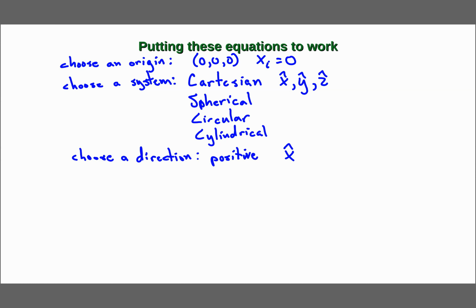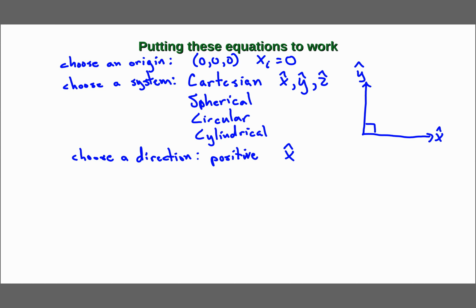And then because in our coordinates we're always choosing axes that are perpendicular to each other or orthogonal to each other, that will define what direction will become our y if we're in 2 dimensions. And then those two define our direction for z. In this case, z would be out of the page in 3 dimensions.